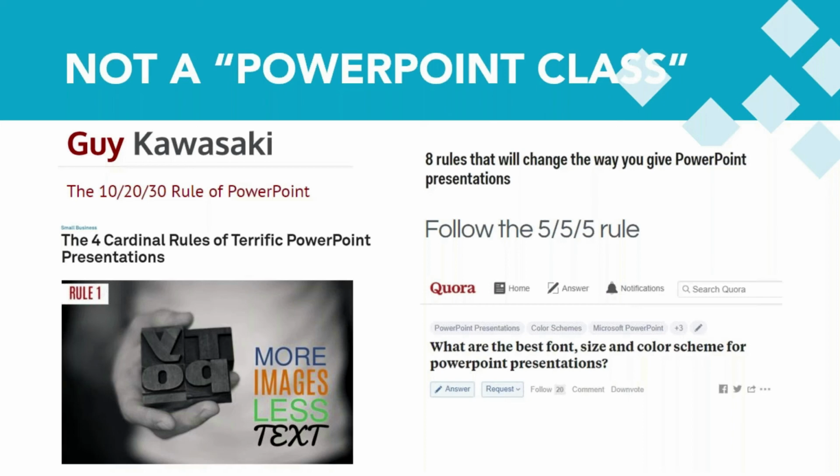But every one of these things, to give you an example here, the 5-5-5 rule is trying to get you to use less than 5 bullet points. They're just trying desperately to get you to use fewer bullet points. Or the 10-20-30 rule is supposed to get you to use 10 slides to present your company or your product to a group of investors.